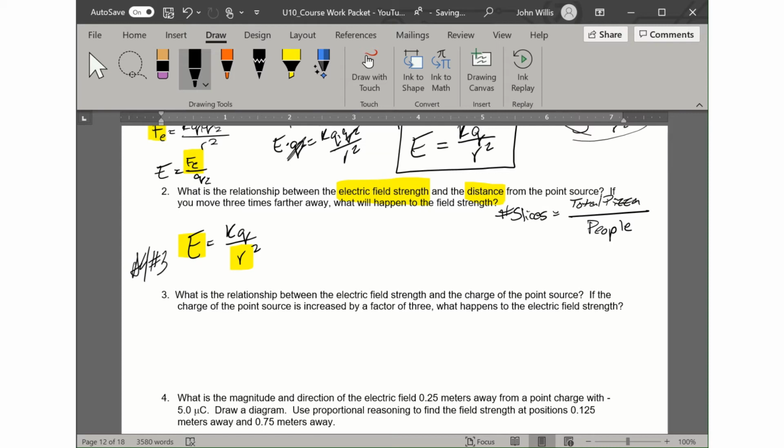This is an equation that describes the exact same sort of relationship we're going to talk about right now with electric field strength and distance. We've all done this, right? Currently in my home, there are 3 people: me, my wife, my daughter. If I were to make a pizza, cut it up into 6 slices and split things up equally, each one of us is going to get 2 slices.